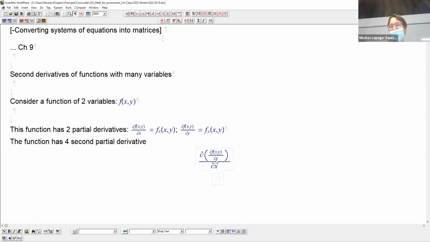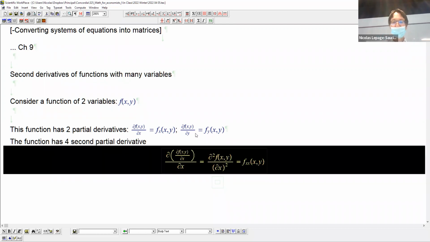Whatever I got there, then I derive it again with x. And I would write it the following way. So d squared f of xy, and then dx squared. And I could also just write it very succinctly. fxx, I guess. Yeah, this way.